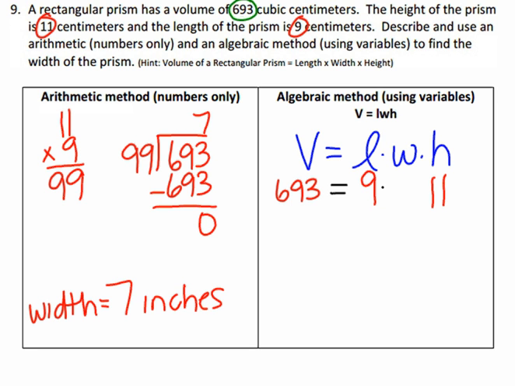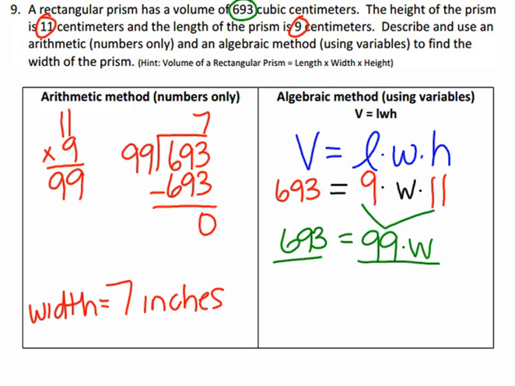So equal sign multiplied by width multiplied by 11. Now I can start to simplify. 9 times 11 is 99. So I have 99 times the width equals 693. And then to solve, we're going to divide by 99 on each side. And we still get the same value of 7 equals width. And then we'll make sure we have units. So that should be 7 inches.